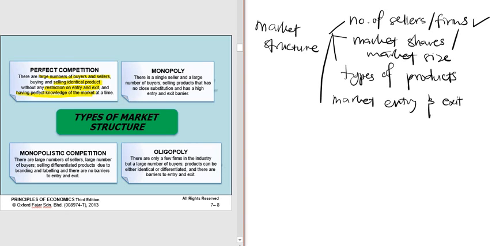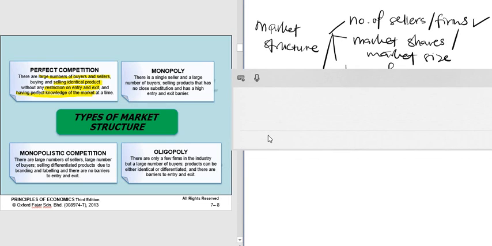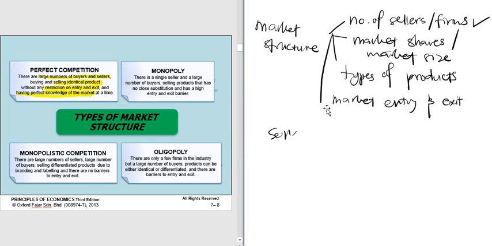So this kind of market, for example, sellers of vegetables or fruits. Let's say you are seller A, and then we have seller B and seller C. The three of them are basically selling the same thing.